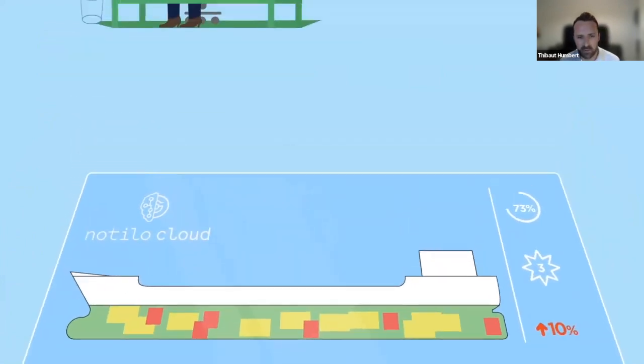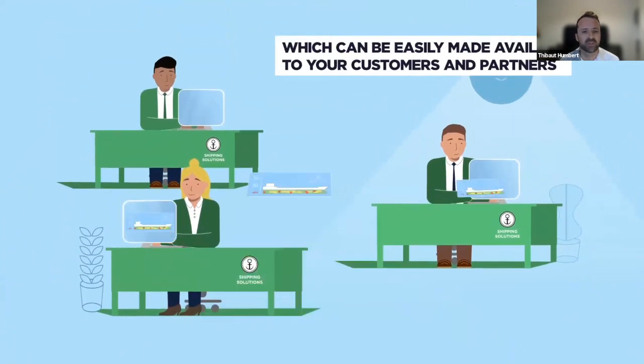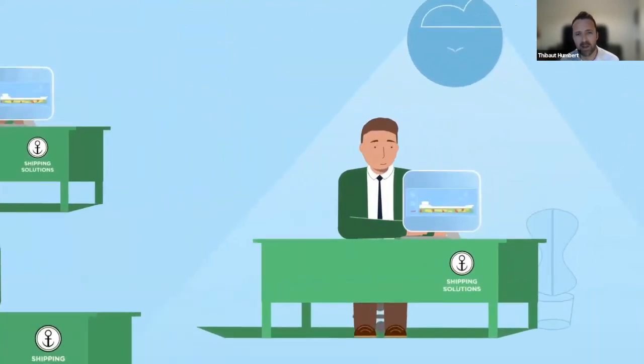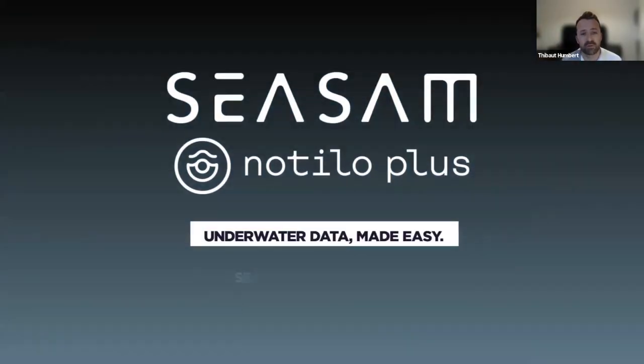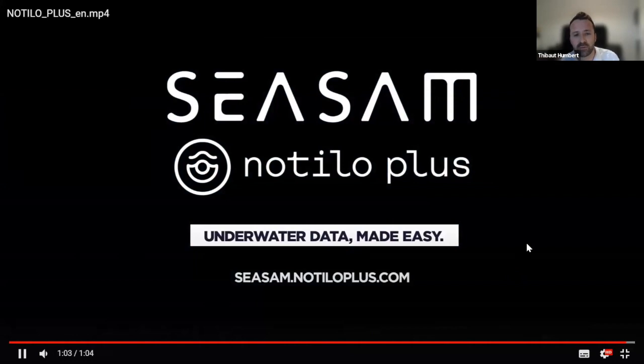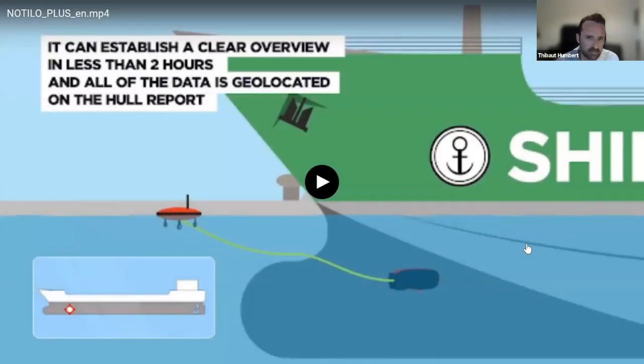The platform we develop also then processes this data into reports, into dashboards that can be easily shared because they are digital natively. And the data can be used over time to perform more thorough analysis of the status of a hull.